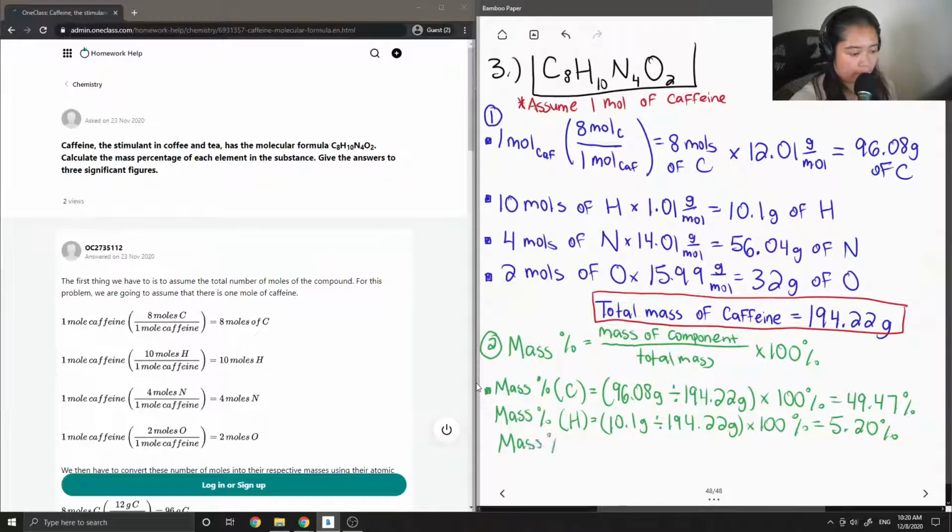For nitrogen, we had 56.04 grams divided by 194.22 times 100 gives 28.85 percent, sorry.